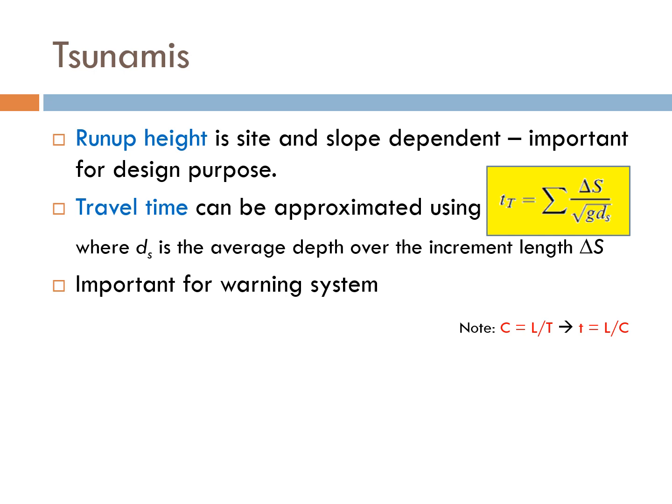Now, travel time of tsunami can be estimated based on the assumption that tsunami is a long wave, so it travels as a shallow water wave. So if you recall that for a shallow water wave, the wave celerity is given by the square root of gD.